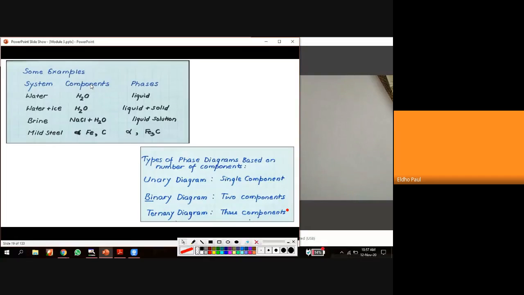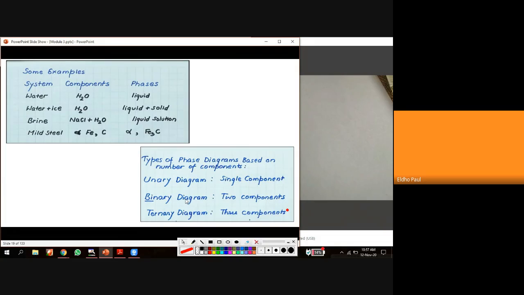And the phase diagrams are basically classified into three. Unary diagram, where we can only see a single component. For example, if you draw the phase diagram of water, this will be a unary diagram, because for the water system we have only one component. And the two-component phase diagram is called a binary diagram.